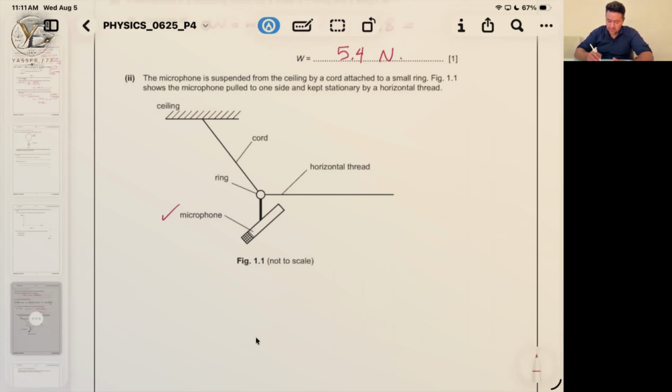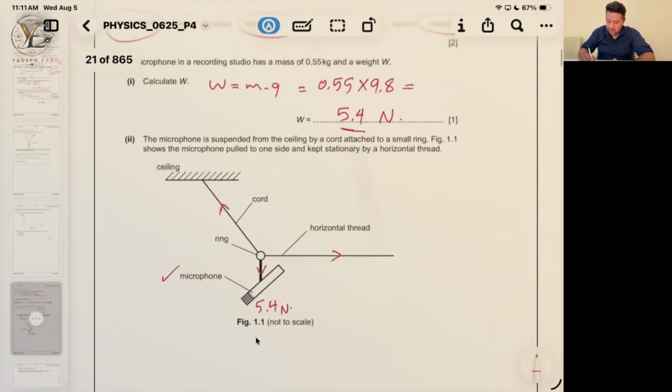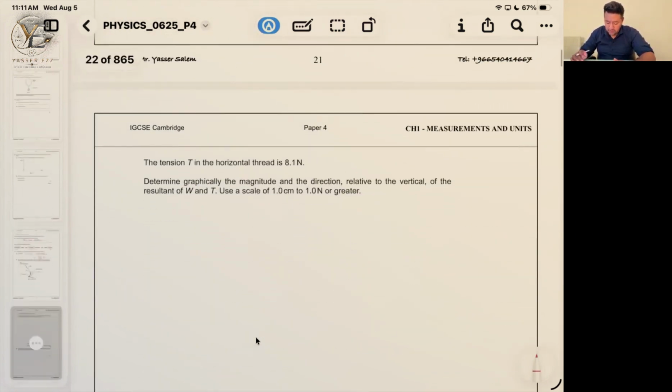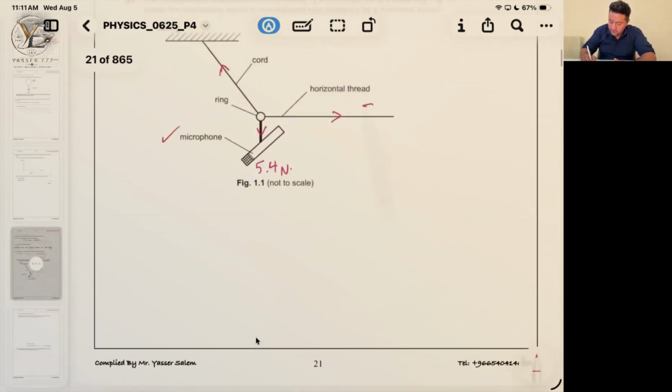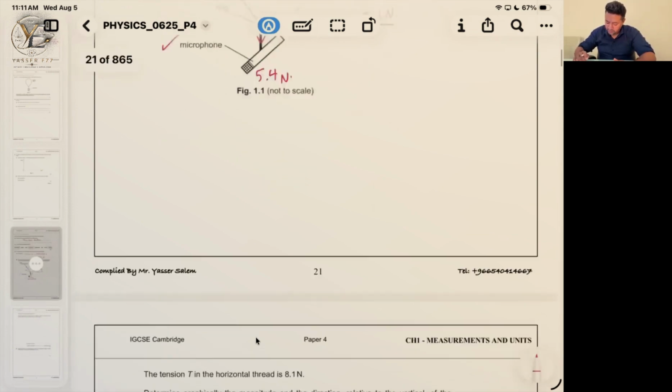So it's like this: the force here toward the ceiling by this cord is upward, and we have a horizontal force and the weight which acts downwards. And we know the magnitude of the weight. The magnitude of the weight is 5.4 newtons, as we calculated here. The tension in the horizontal thread is 8.1 newtons.